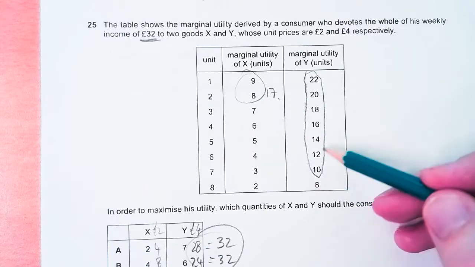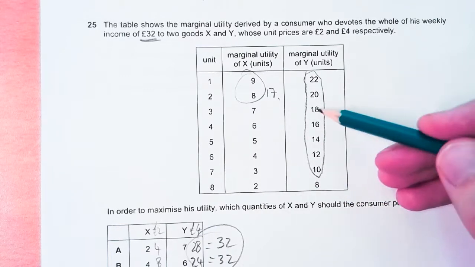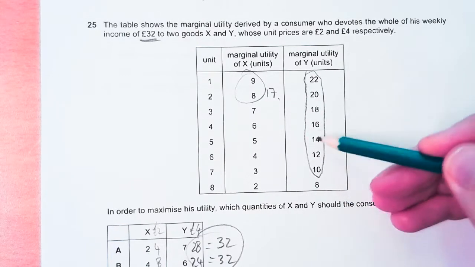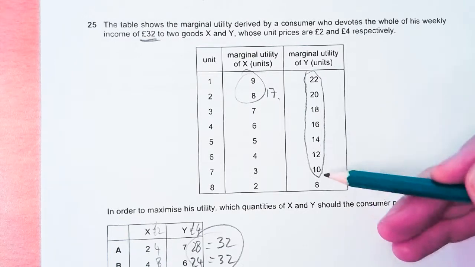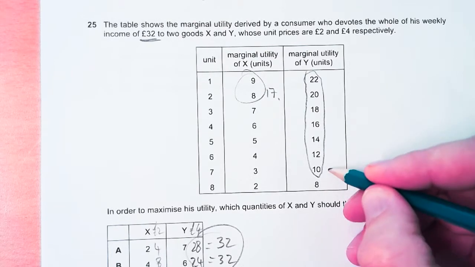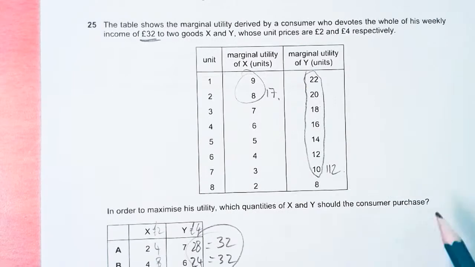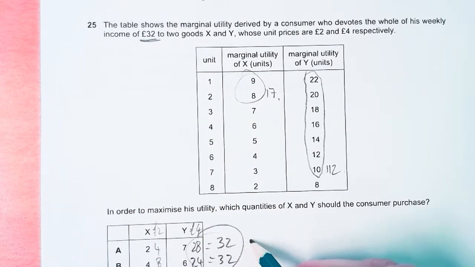So how much does that amount to? 42, 50, 60, 76, 90, 102, 112. Okay, so that amounts to 112. So from there we can see that the total utility derived is 129.